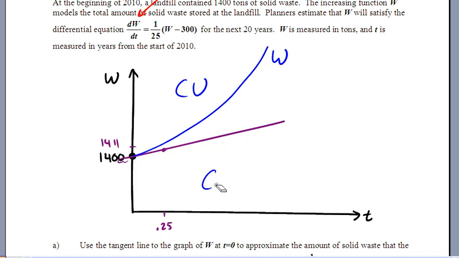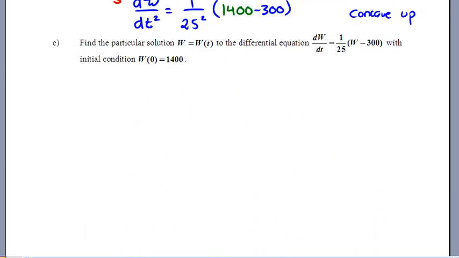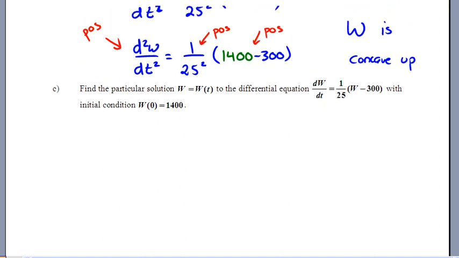It's not this one. So that purple number we had, the 1411, that estimate of how much stuff there is in the landfill, that's too low. So what was their wording exactly? Was your answer in part A an under or overestimate? I would definitely say that it was an underestimate.